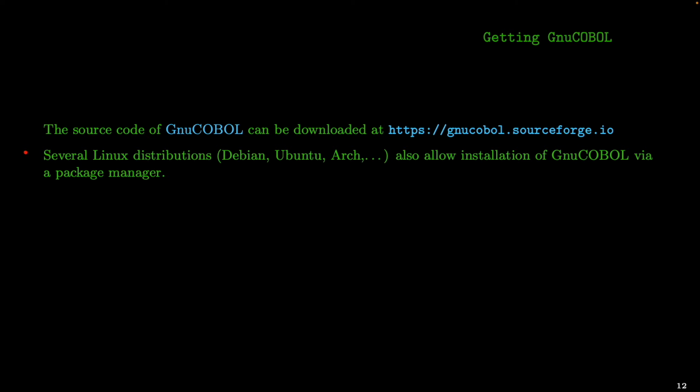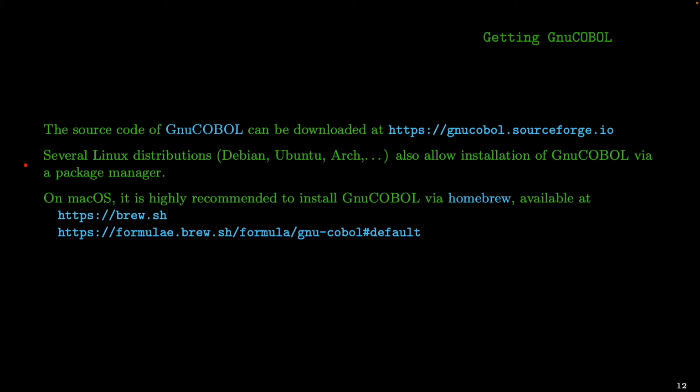Now, if you have Linux, you can often use a package manager to just install GnuCOBOL, so you wouldn't have to download and compile it yourself. I'm using macOS, so here it's highly recommended to use Homebrew to install GnuCOBOL.